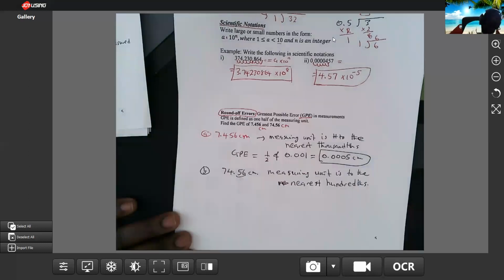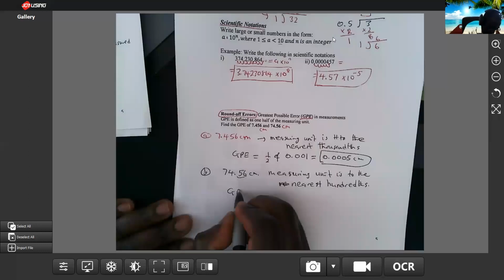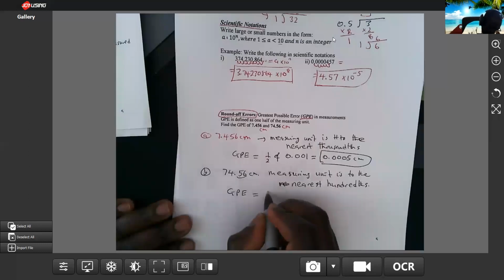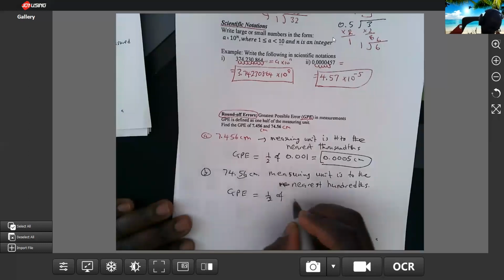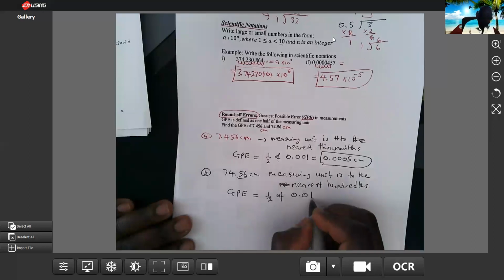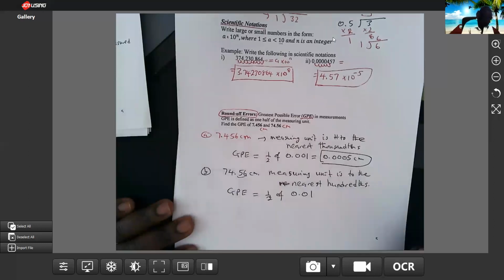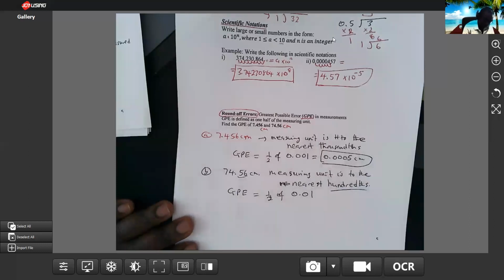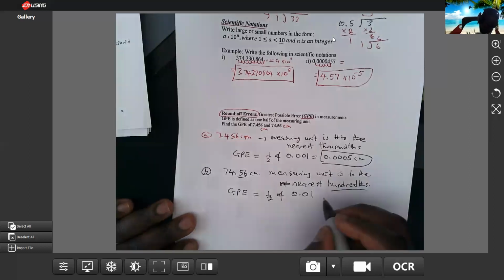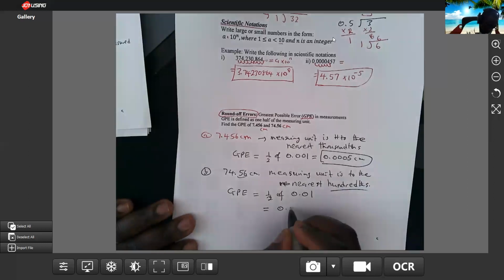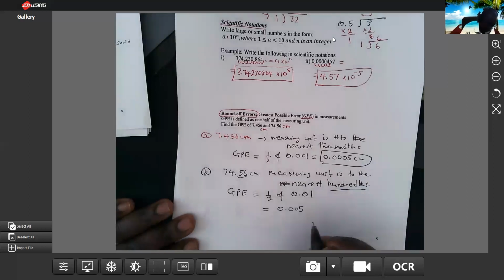All right. So then your GPE is equal to 1/2 of 0.01. Okay, because it's in that measuring of hundredths. And this is equal to 0.005 centimeters.